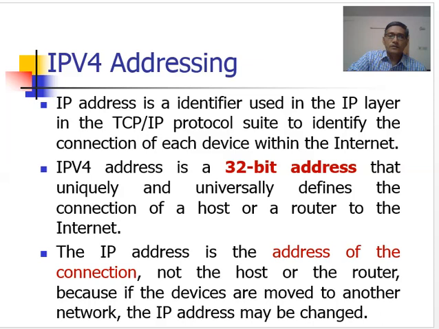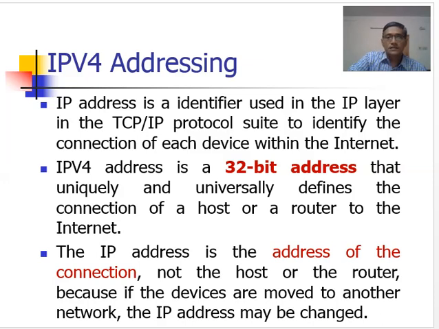One thing we need to remember is that to identify a particular host within a particular internet, two addresses are basically used. One is a logical address and another one is a physical address.